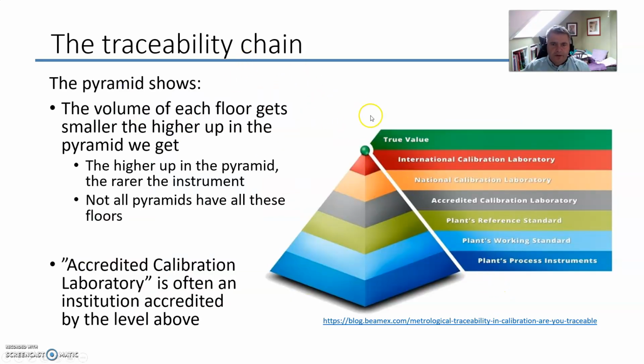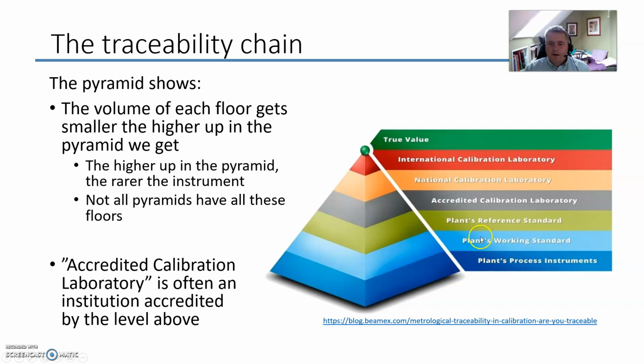Here again, the pyramid. The pyramid shows that the volume of each floor gets smaller the higher up the pyramid we get. So there are fewer instruments the higher up you get. In the different labs around the world or around Norway, you have quite a few instruments. These are the ones that we use on the plant.